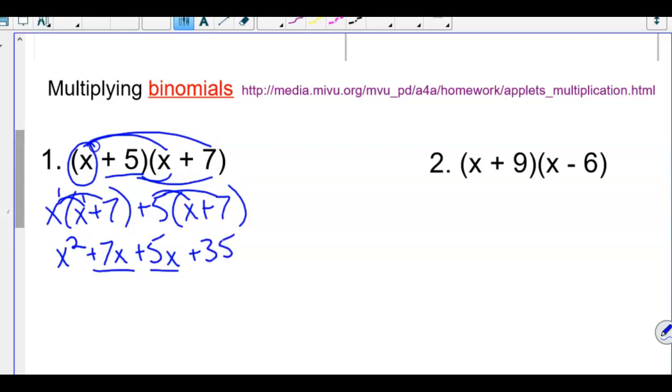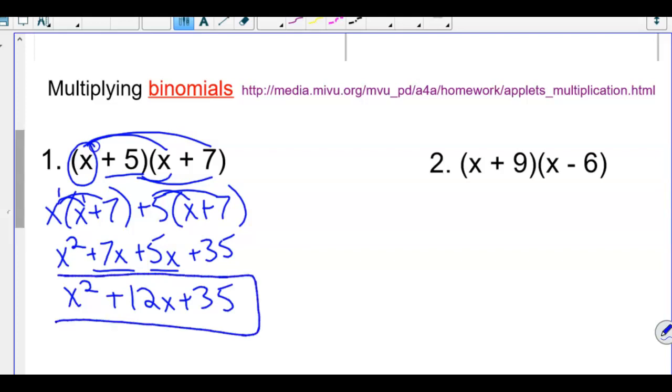From there, I have like terms I can combine. So that would give me 12x plus 35. There's nothing here that I can combine. None of these are like terms. So this would be my final answer. I'm going to show the second way to do this in my next example.